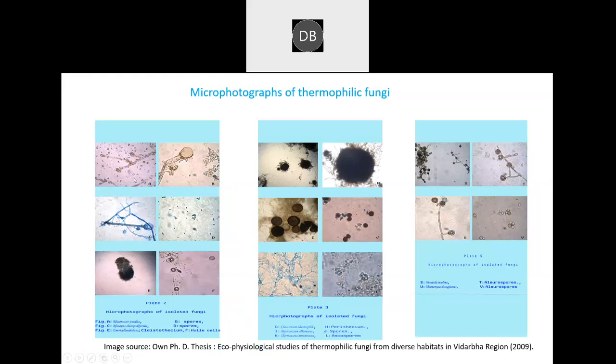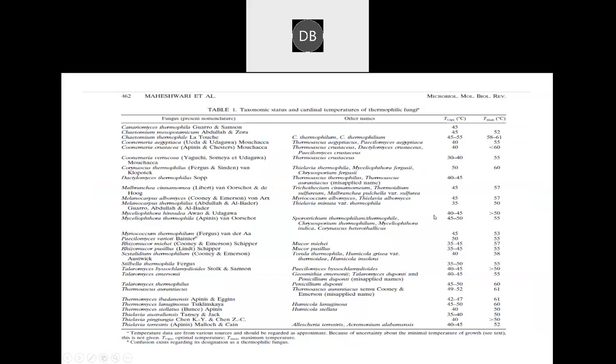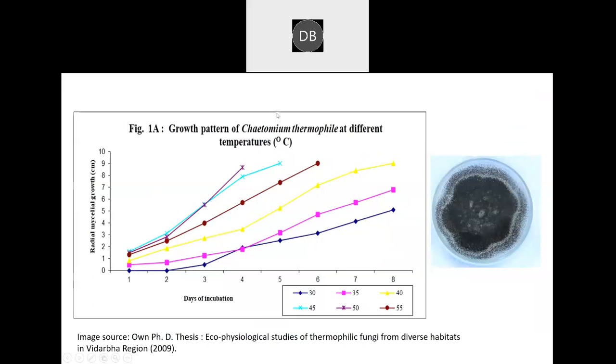These can be seen on the culture plates. Then these are some of the micrographs of the fungi: this is Rhizomucor pusillus, this is Rhizopus rhizopodiformis, this is Emericella nidulans, this is Chaetomium thermophile, this is Myriococcum albomyces, Thermoascus aurantiacus, this is Humicola insolens, and Thermomyces lanuginosus.